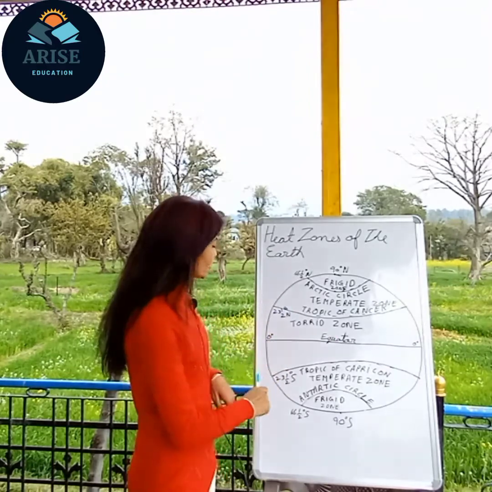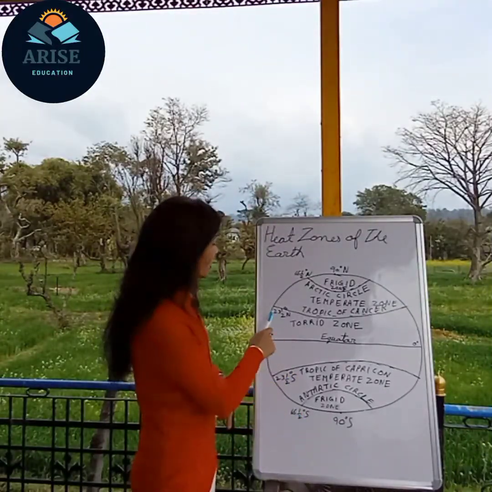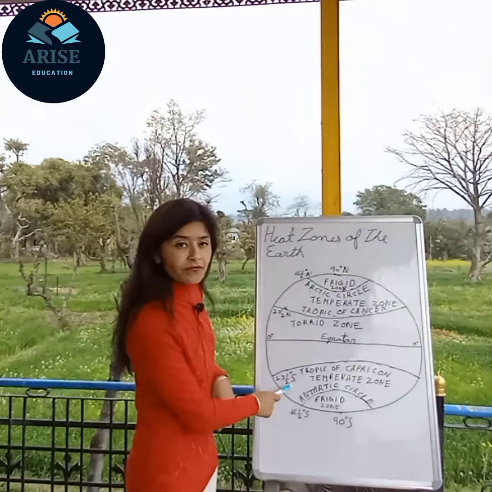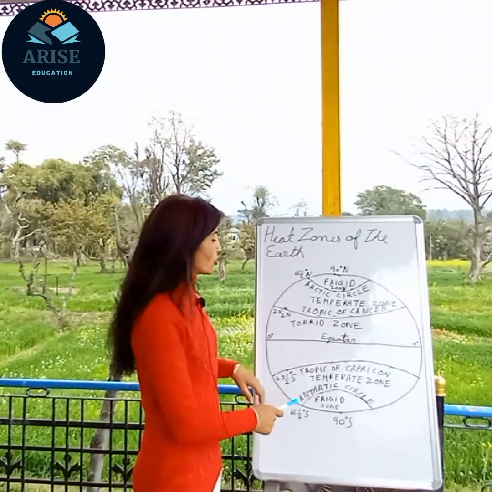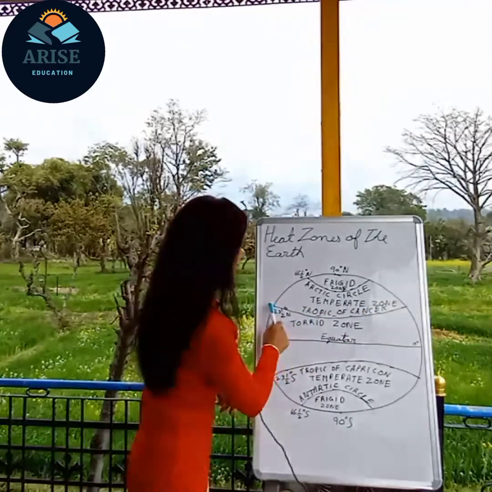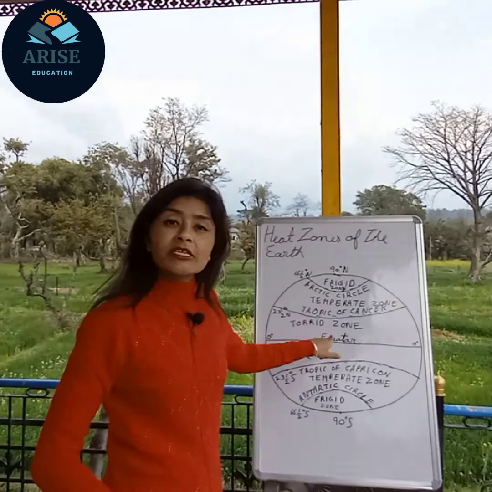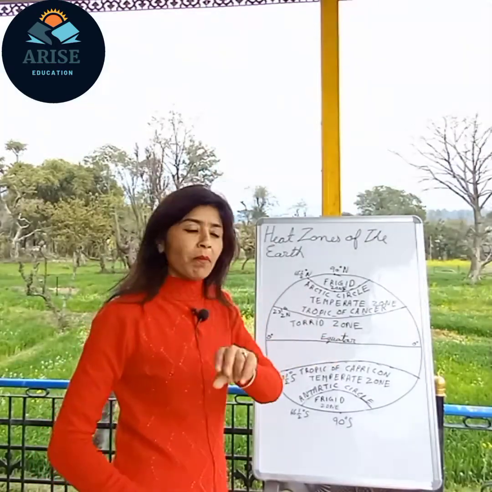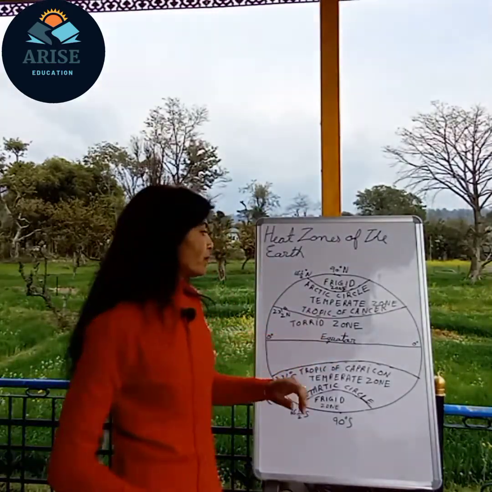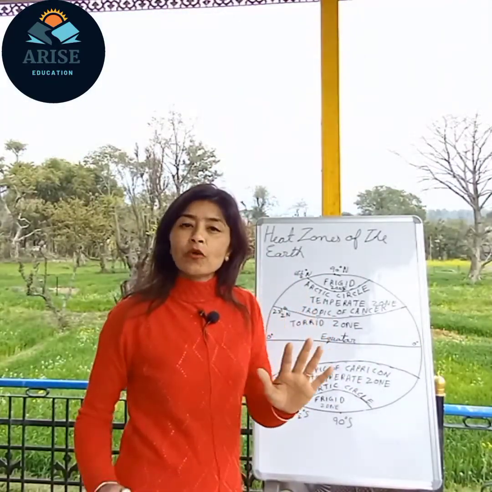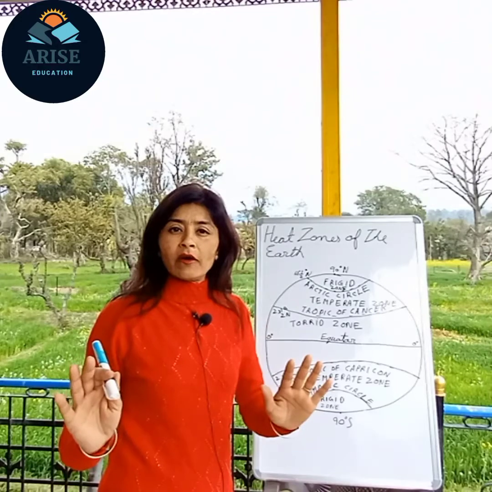The extent of the torrid zone is from 23.5 degrees north to 23.5 degrees south. So this is our torrid zone, you can see here. And the torrid zone is divided into two equal parts by the equator. This zone covers about 40% of the Earth's area.